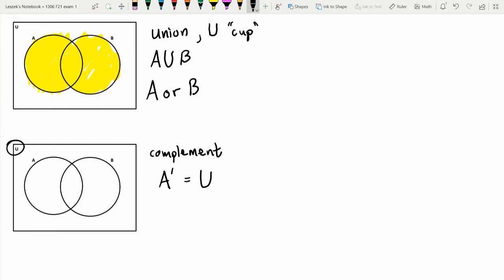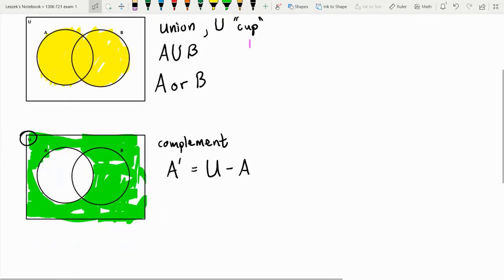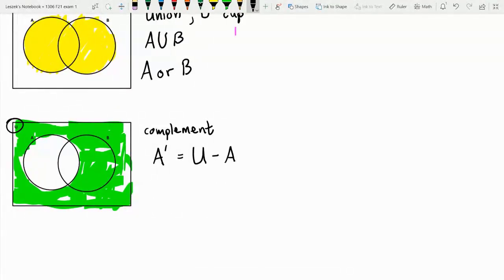So technically, this is everything that's in the universal set minus what's in A. So everything that's in the universal set but not in A. So that would be everything that's outside of A. Right. And so this is the set difference, I guess.